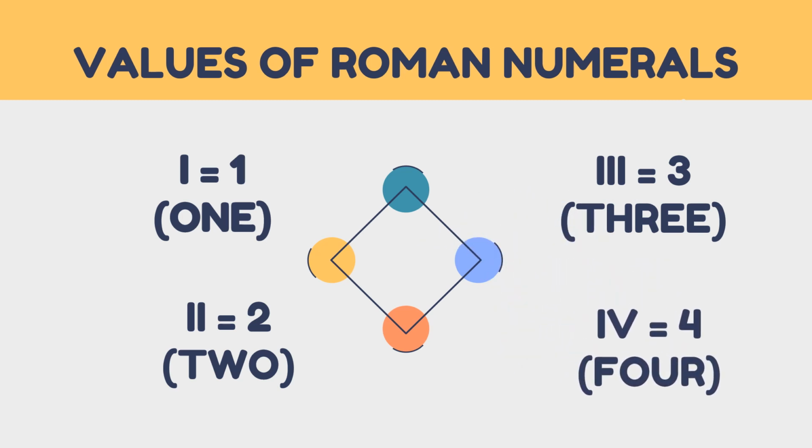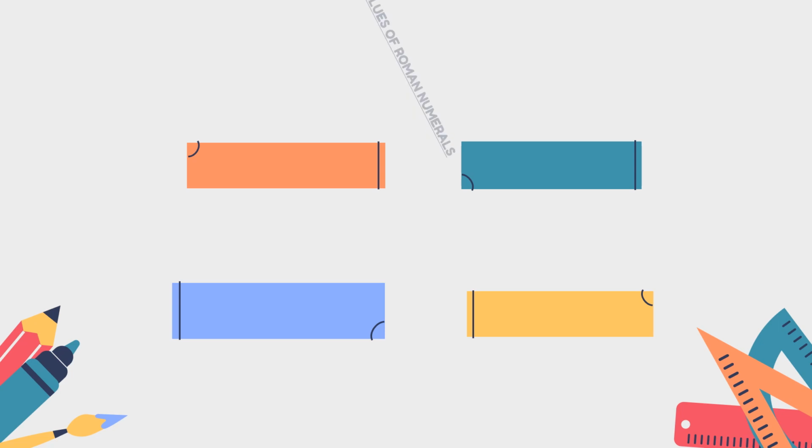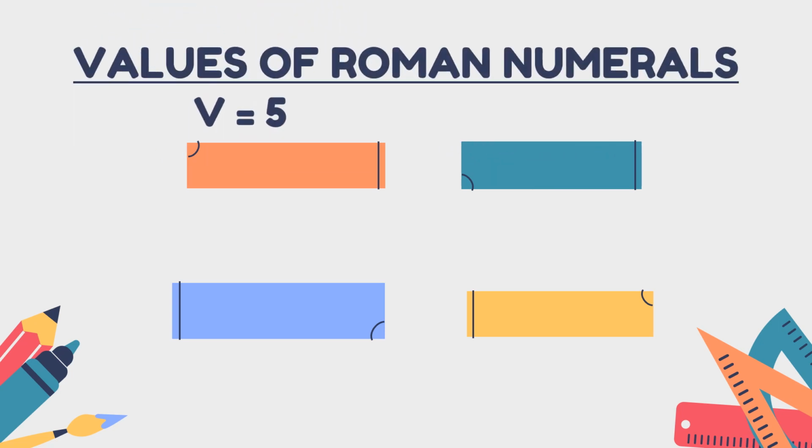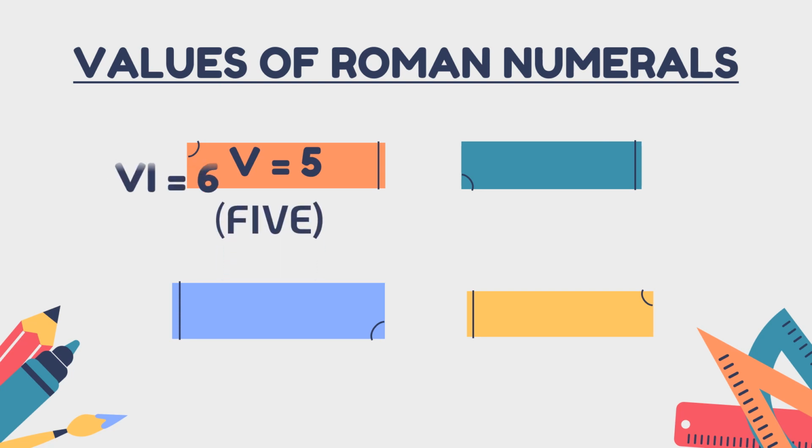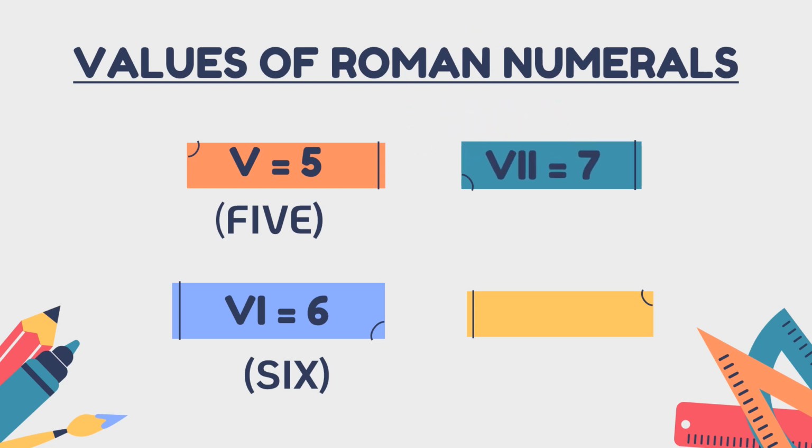The value of capital IV is 4. Here the value of capital V is 5. The value of capital VI is 6. The value of capital VII can be written as 7.